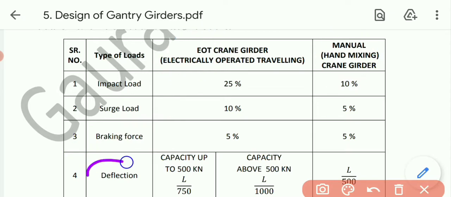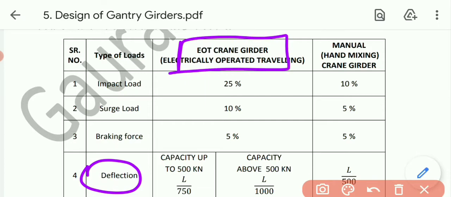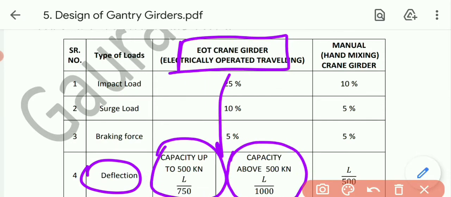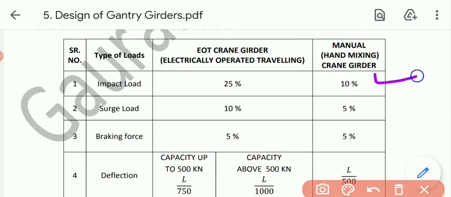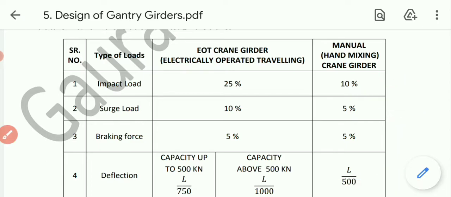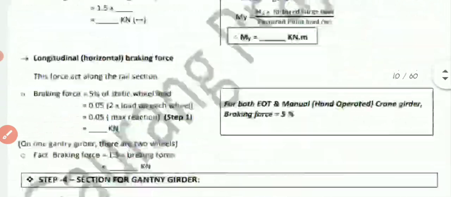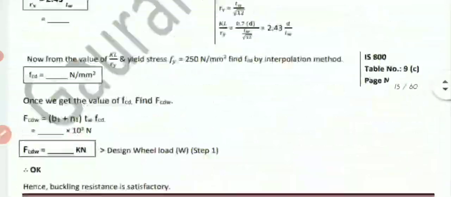While in case of the deflection criteria for the EOT crane girder, this one is given in the code, that crane capacity for the 50 up to 500 kilonewton and above 500 kilonewton, while for manual crane girder it is taken as L by 500. So these are the three main difference between the manual and EOT crane girder. Except all these ones, all the data or we can say all the design are similar like EOT crane girder. So let's start the design.